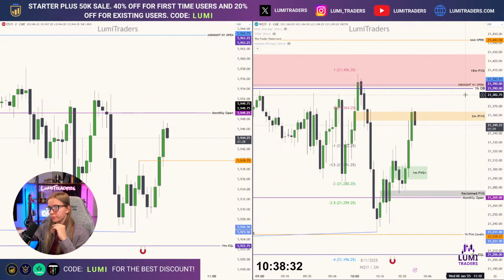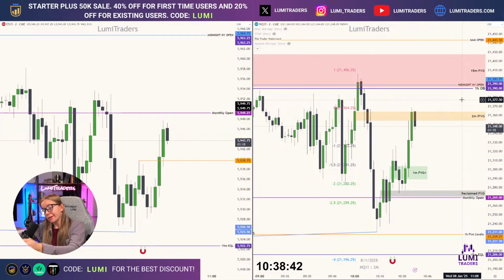Back to the range. Looks like yes, took pre-market low, which offered SMT on the 15-minute chart. Actually, on the 1-hour chart. Still visible right there.